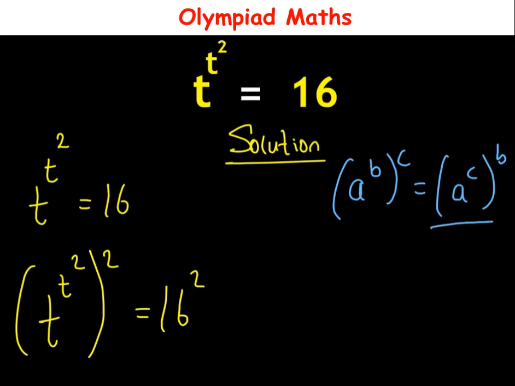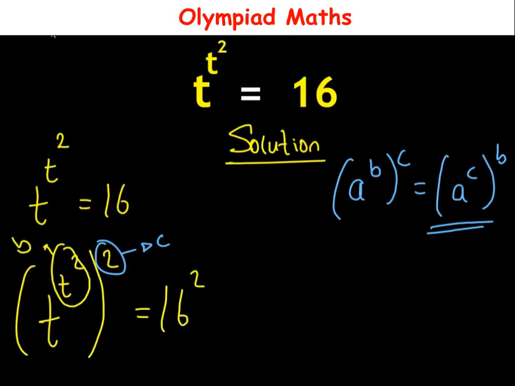So in this case, let's call the t raised to power 2 right here b, and let us call the power 2 right here c, such that if we are to make this look like this format, c will come inside and then power b will go outside.